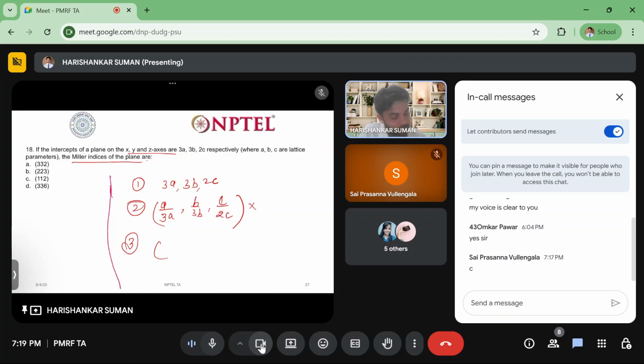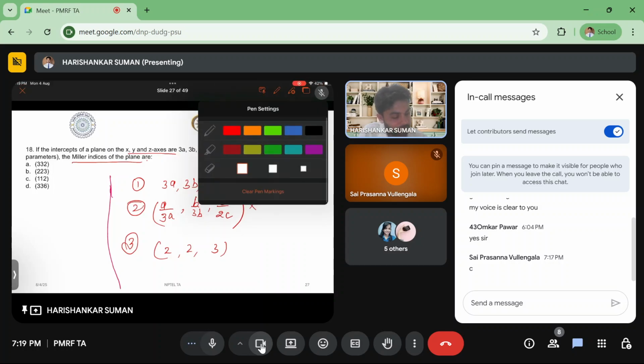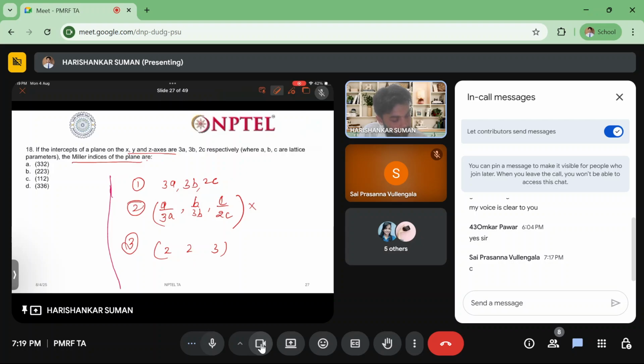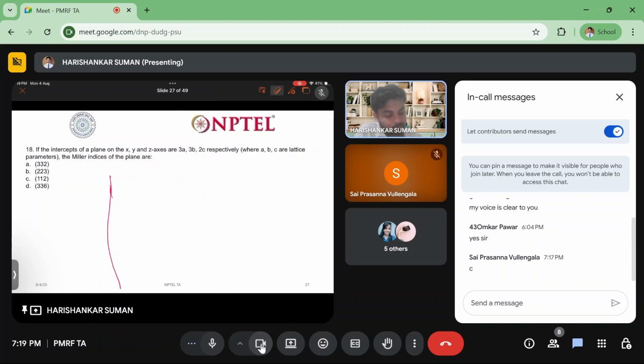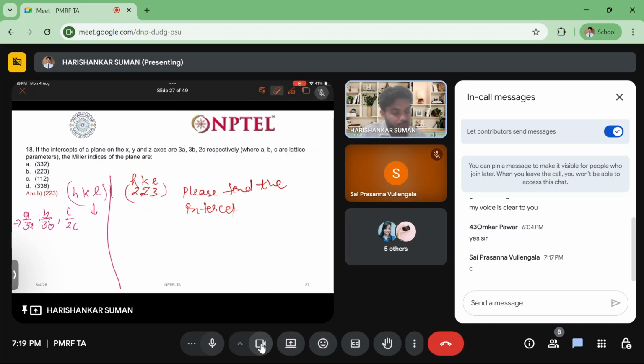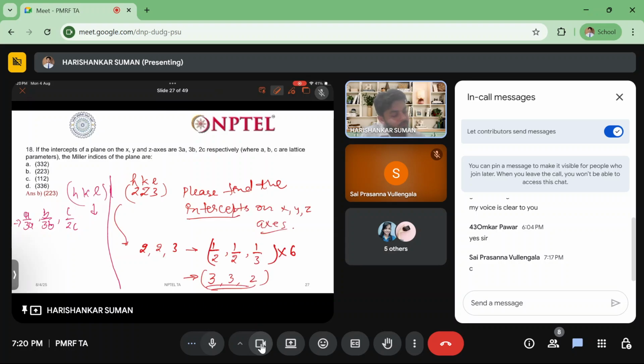So you can multiply by 6. Don't use commas. Okay. Clear? Easy.